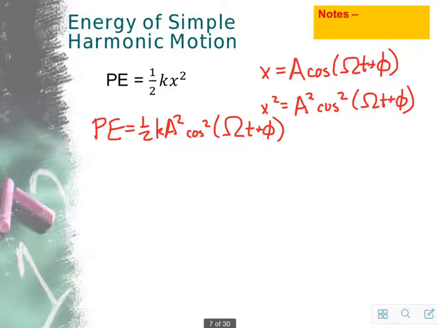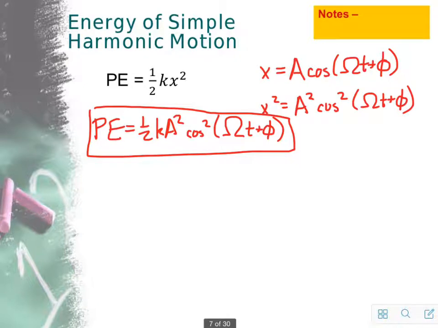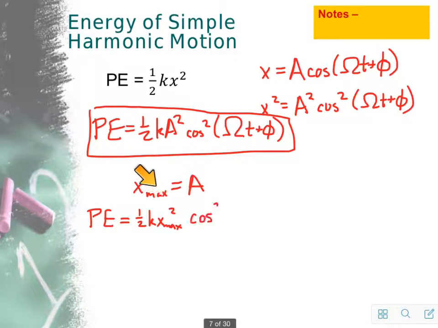Well, again, that doesn't look very interesting. So we can write that the maximum displacement x is going to be our amplitude a. So I can write that the potential energy is 1/2 k x max squared times cosine squared of omega t plus phi.